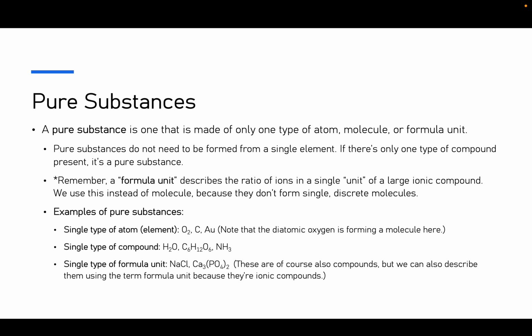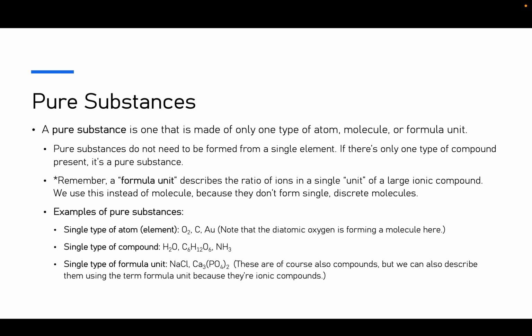In real life, they array themselves in huge crystalline structures, and it just doesn't make sense to say particle when there really isn't a discrete particle. It's like this huge thing. So instead, we use the term formula unit.